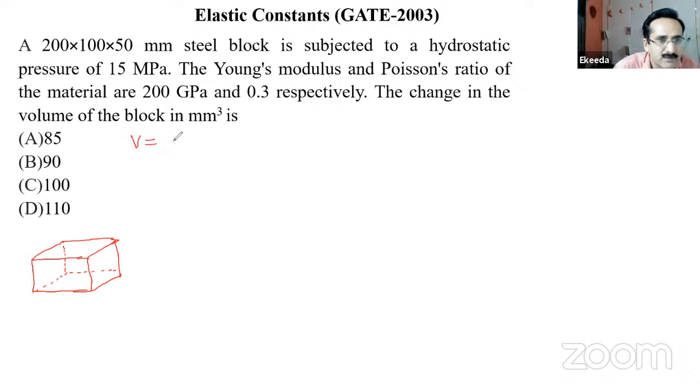All the 3 dimensions are given, that 200 by 100 by 50 millimeter cube. This is the volume, right? Volume is given of this steel block.